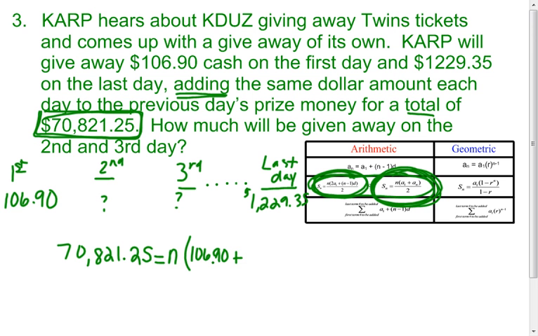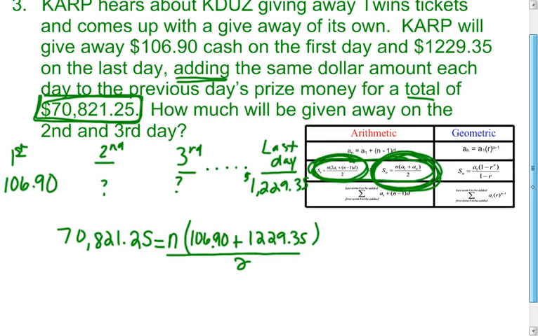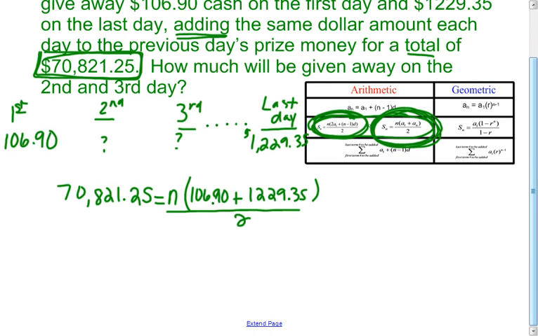And then the last term that you're going to add is $1,229.35. And then I will divide that by 2. I don't know what that term number is, and all I can do is use this formula because that's all I've got. And then once I figure out n, I can maybe go from there and figure some other things out.